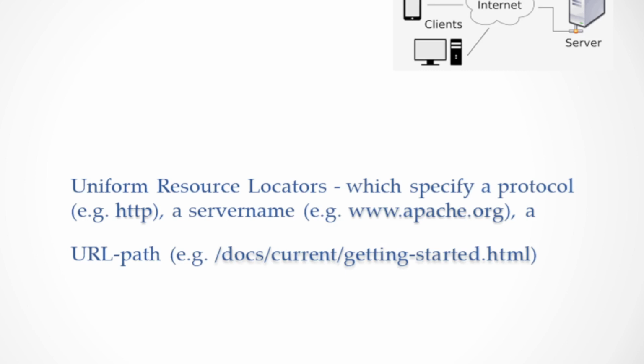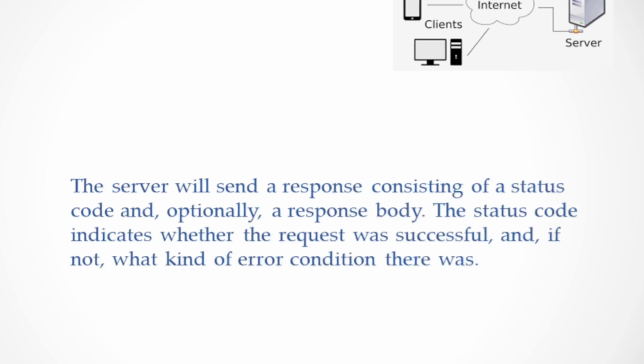Generally the server sends its response as a status code, like 200 means the page is available. If it is sending you a response like 404, that means the page is not available.